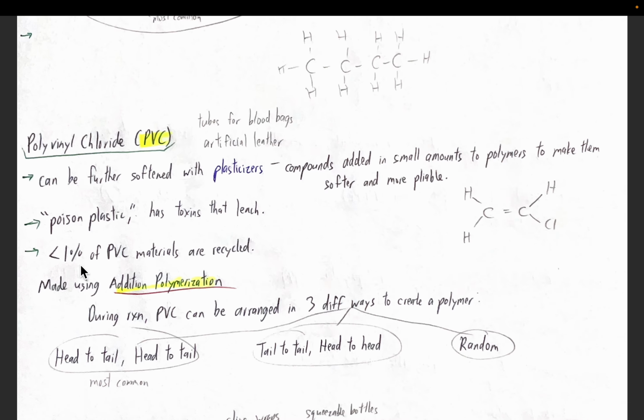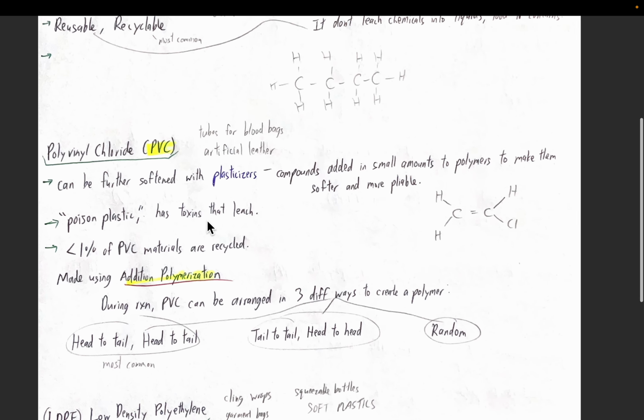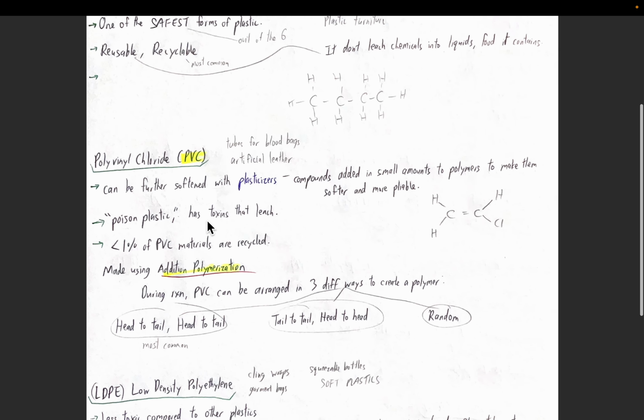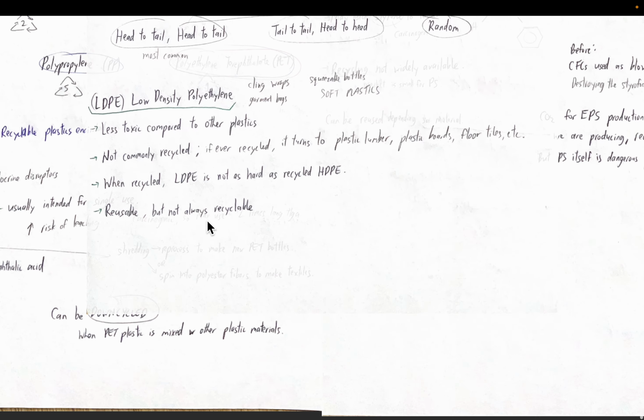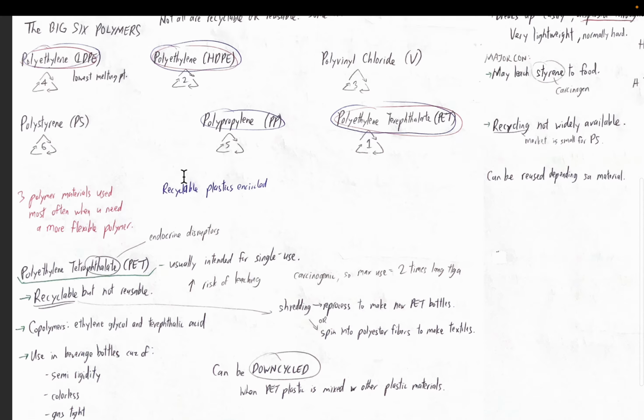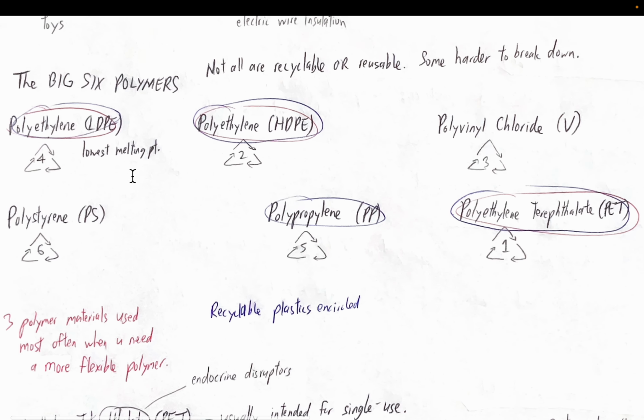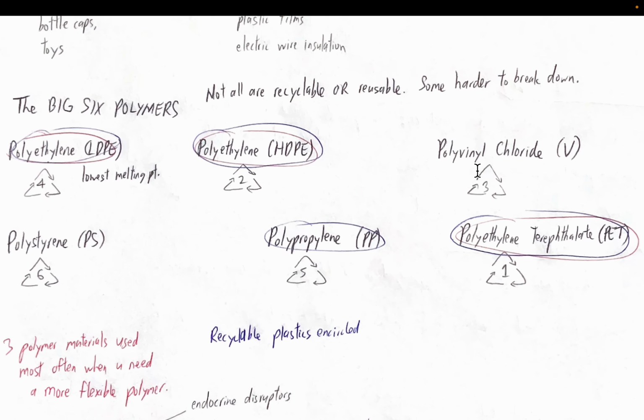Less than 1% of PVC materials are recycled, so almost not at all. And based on the fact that it's a poison plastic, that means toxins can leach through. It's not exactly ideal to be reused. So yeah, that's for HDPE, LDPE, and PVC.